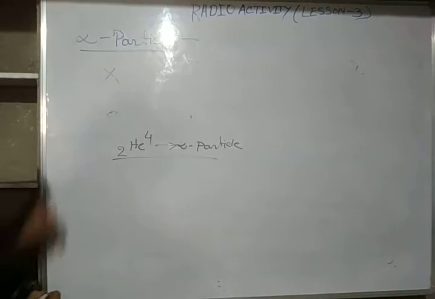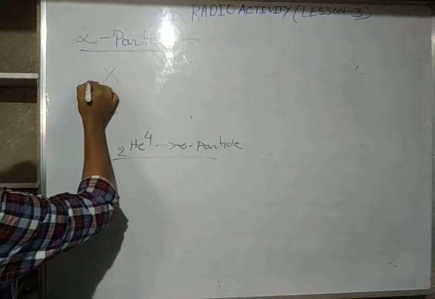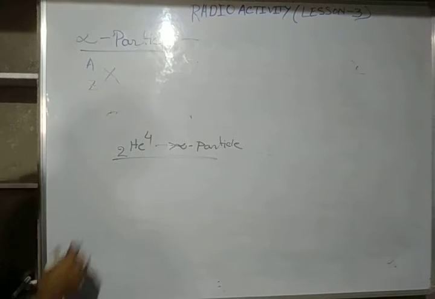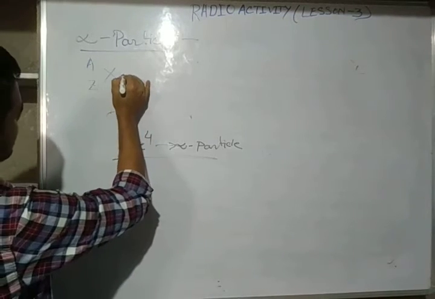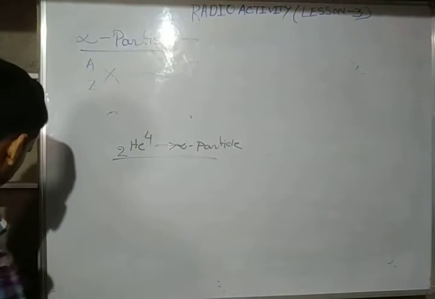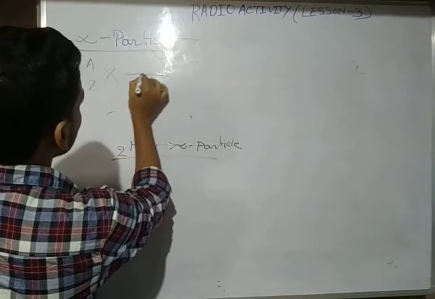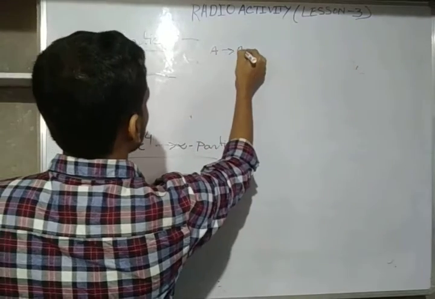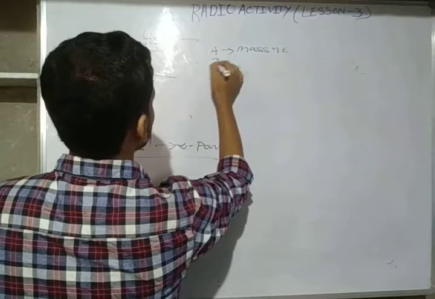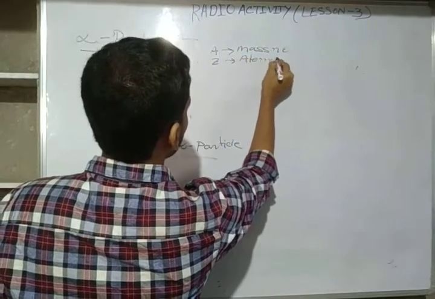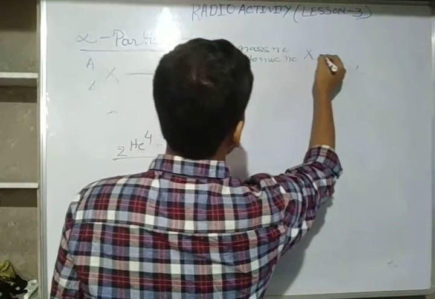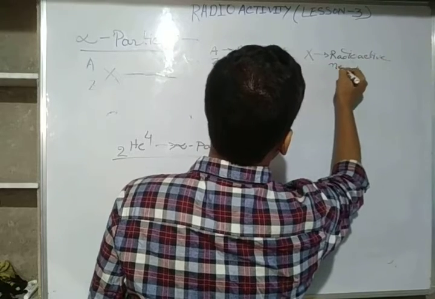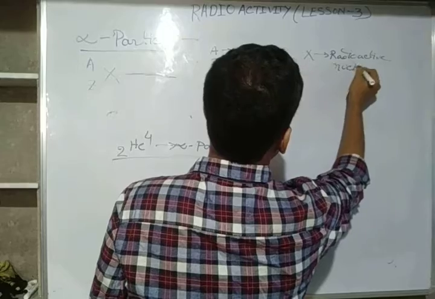X is a radioactive nucleus, Z its atomic number and A its mass number.